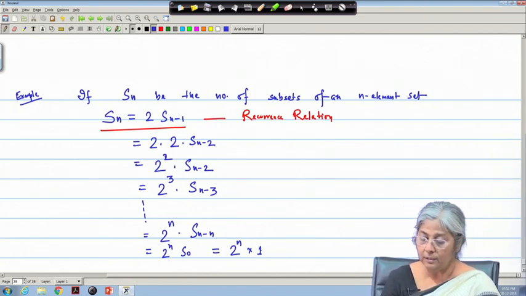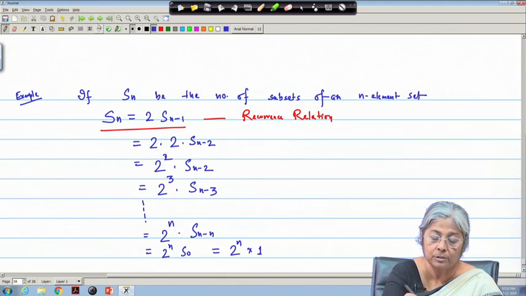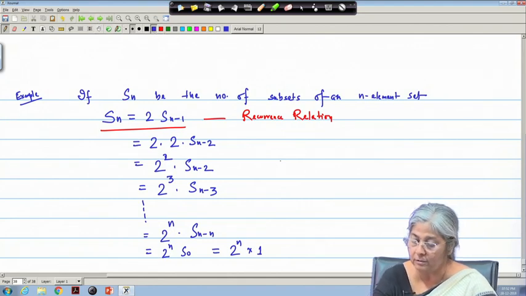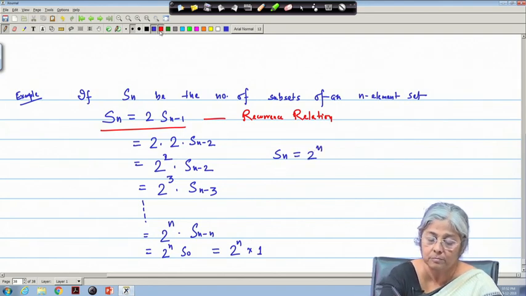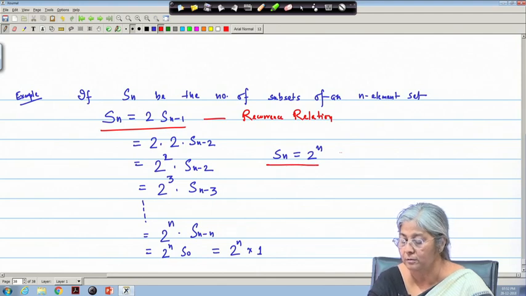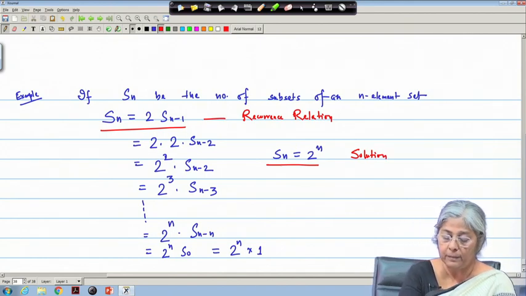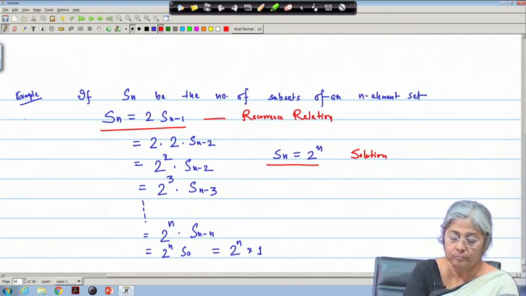So, the solution is S_n equal to 2 to the power n. So, this is my solution, and we apply the method of iteration.